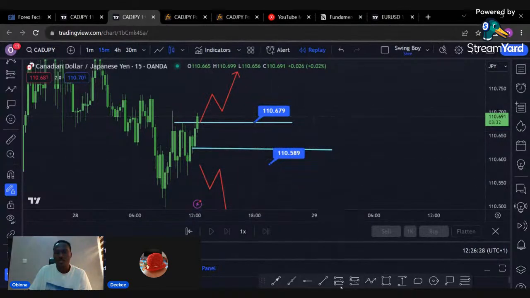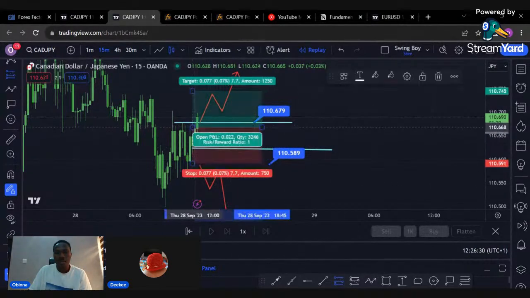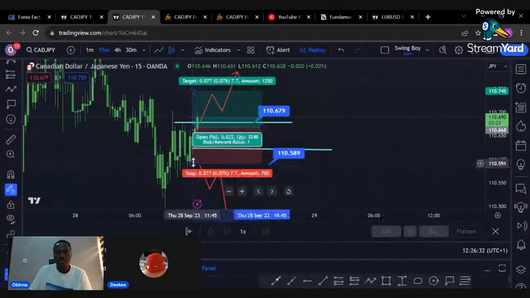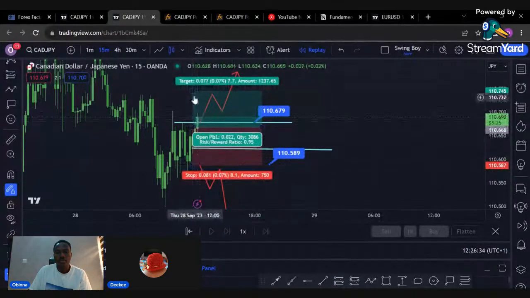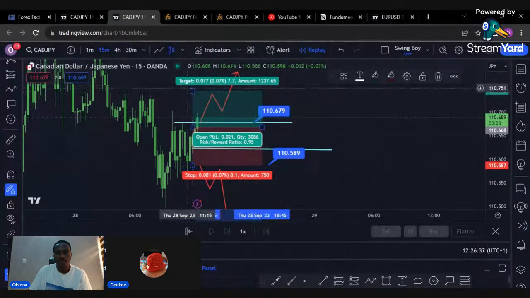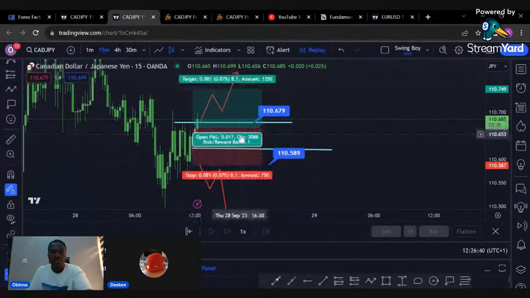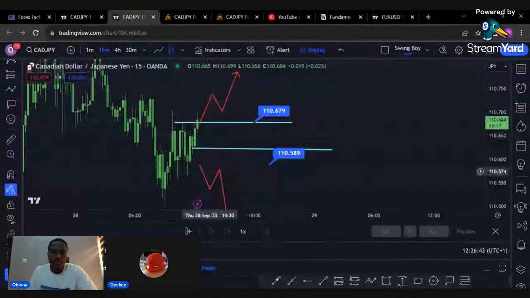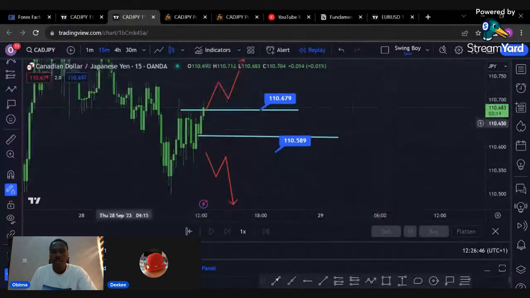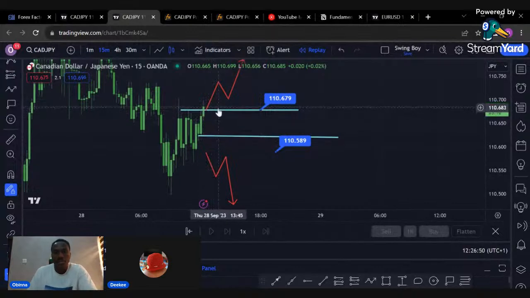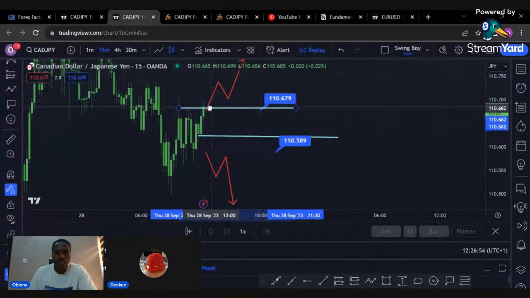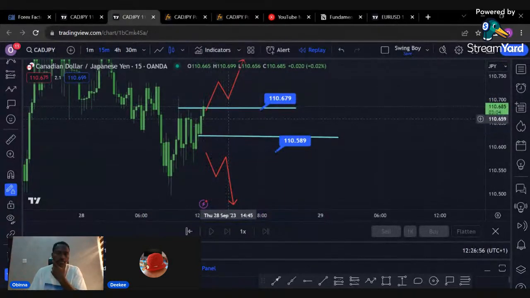If someone puts his stop loss around here, this is 1 to 1. It's not bad, but I won't be taking this one. If it works like that, though, I've missed that trade. It is what it is.